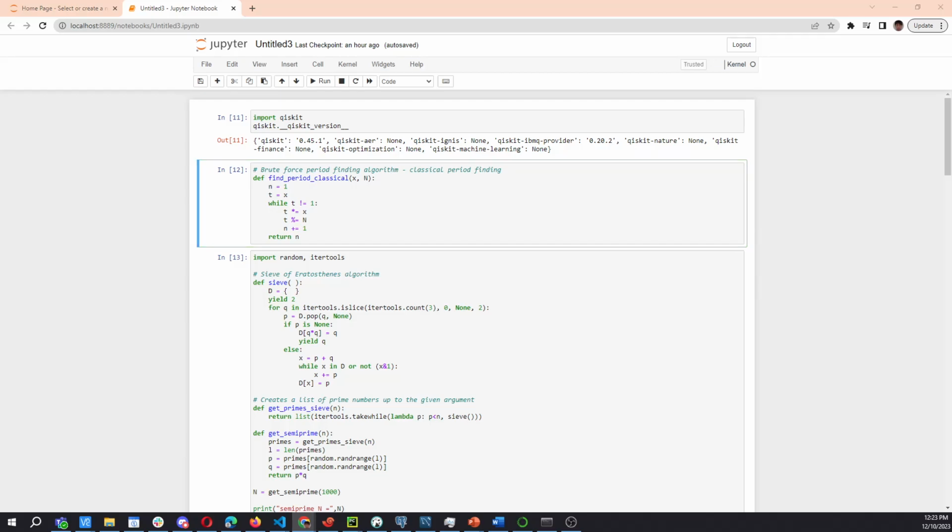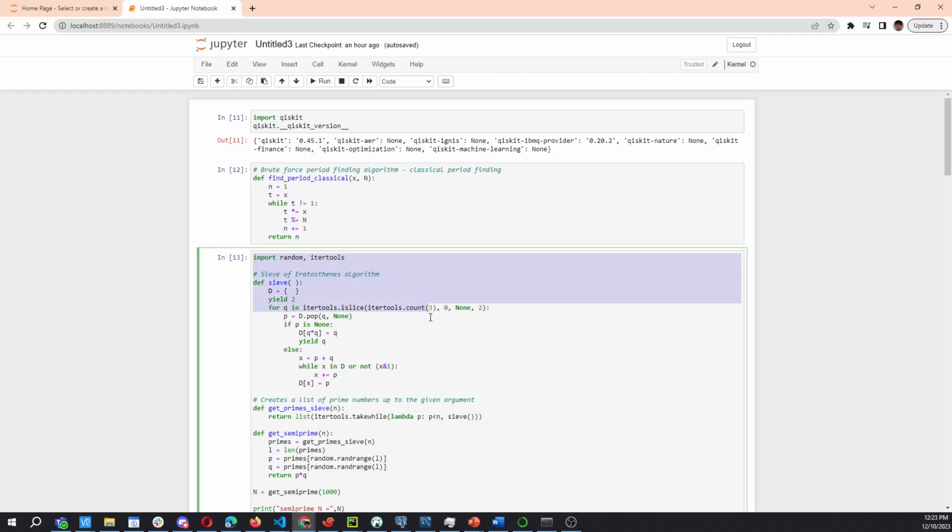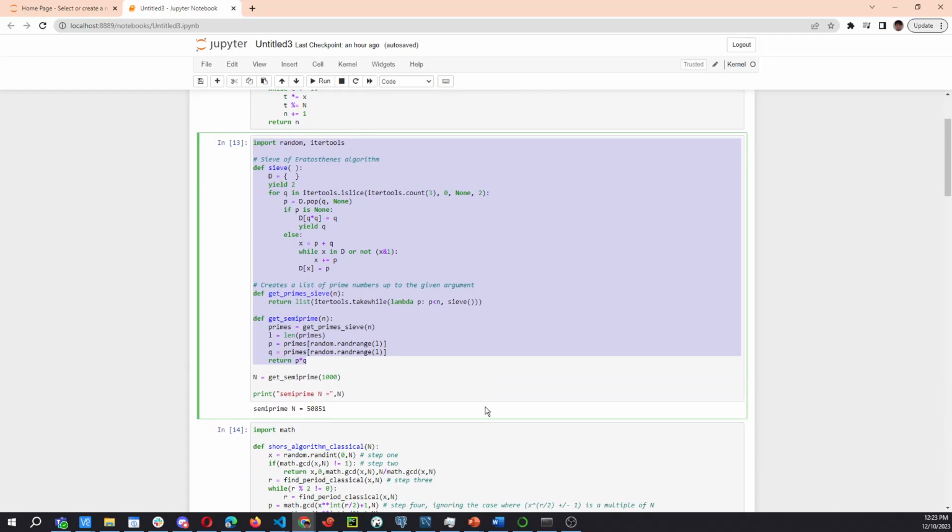We can generate a list of prime numbers less than a thousand, then randomly choose two of the prime numbers and multiply them. You can see that the semi-prime number N is 50,851.